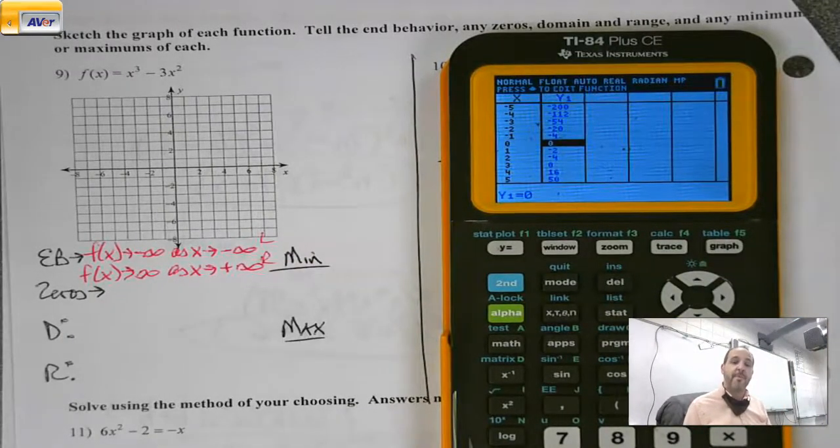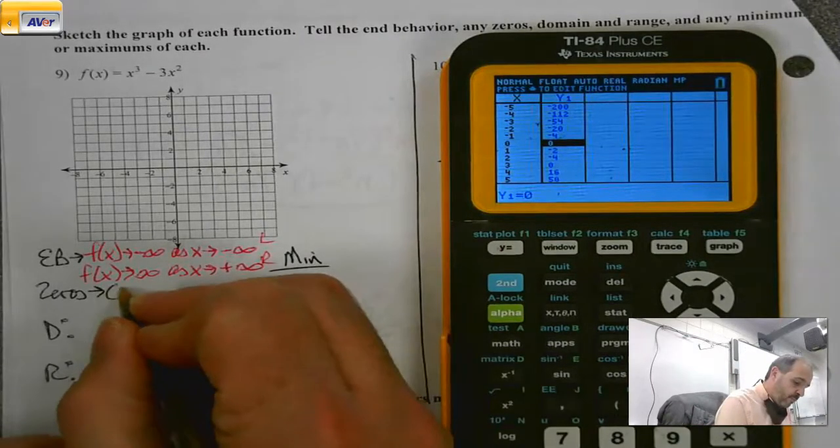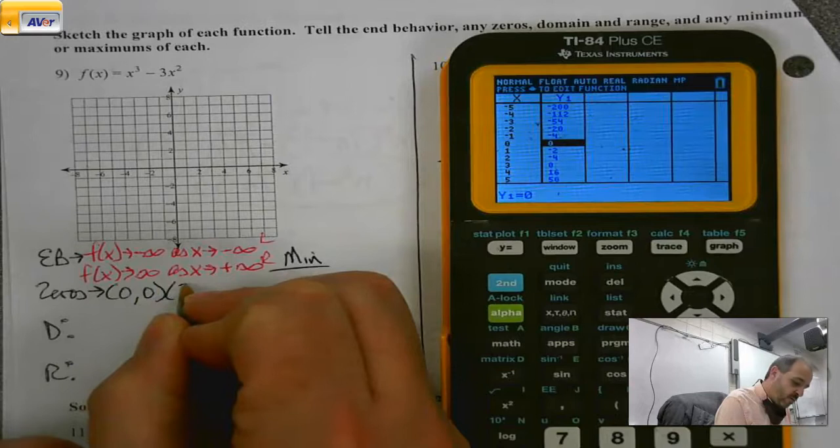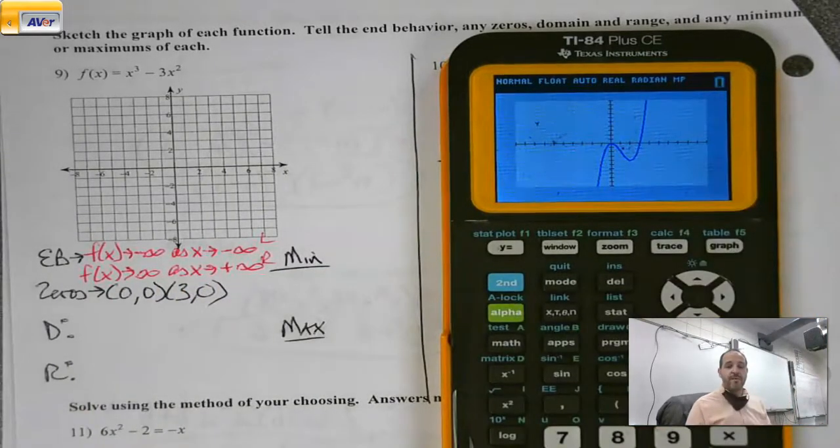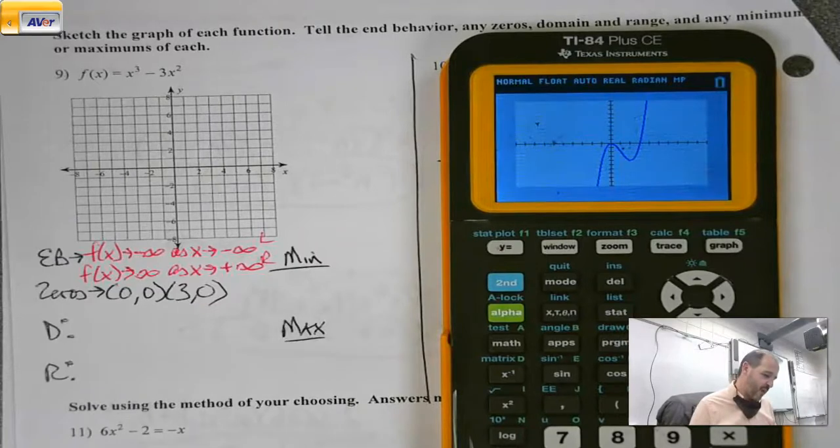Zeros are x-intercepts. You can look here and go, oh, (0, 0), (3, 0). Okay, those are the ones. Those are what I need. Are we going to get lucky enough that every time it's just going to come out of the chart? No. We'll get into trapping on the next problem here probably. But for now, we're good.